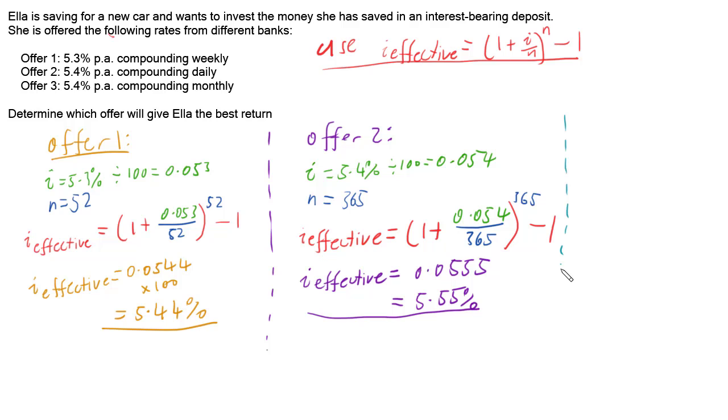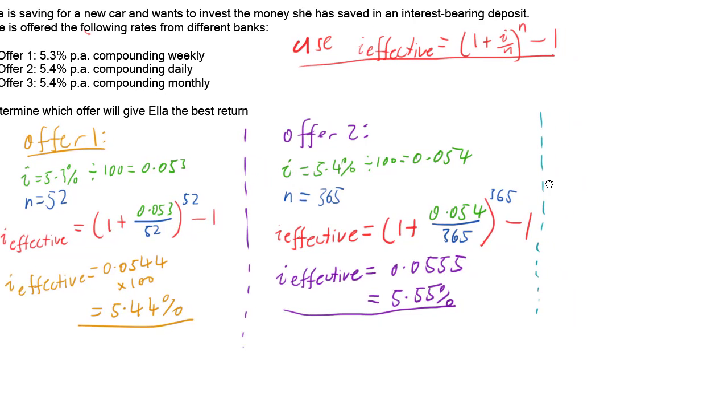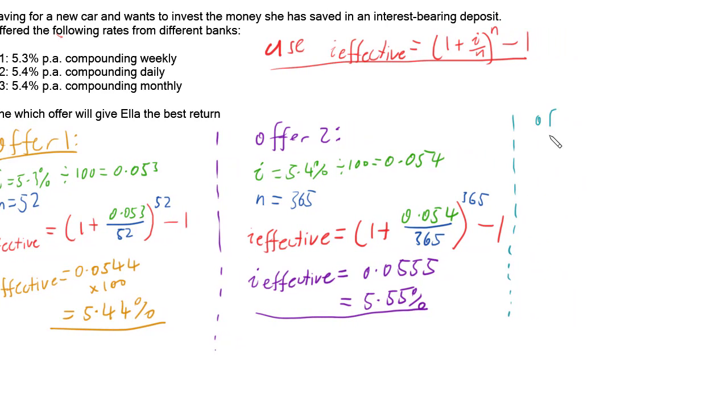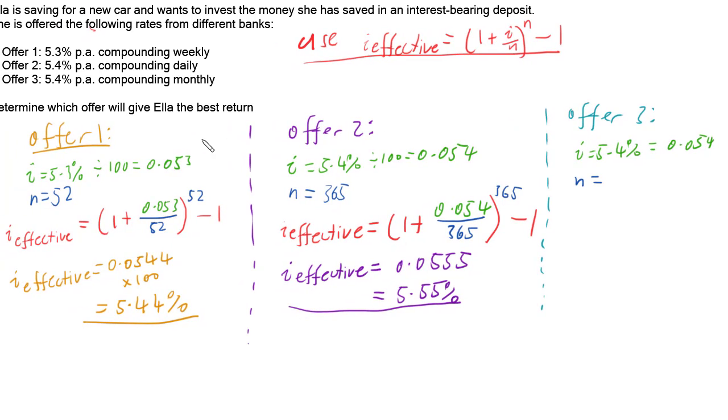Finally, having a look at offer 3. So offer 3, our interest rate is still 5.4%, dividing by 100, giving us 0.054. However, our n this time, offer 3 compounds monthly.